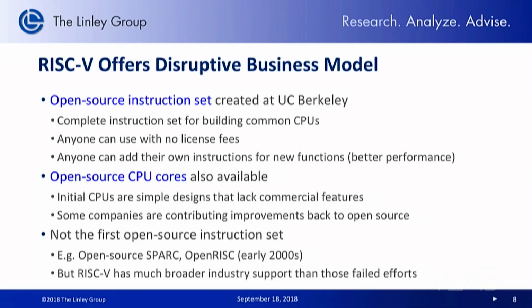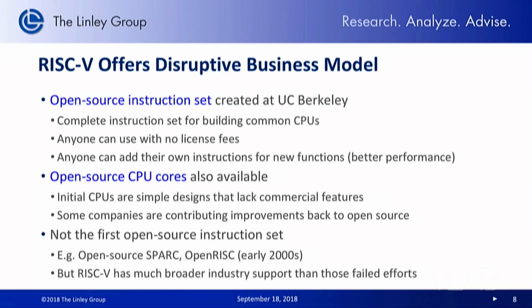So RISC-V is now coming to the party. It's a pretty new instruction set, and it really brings a different and disruptive business model. It is a complete instruction set for building CPUs that anyone can use without a license and without paying license fees, and anyone can modify it, add their own instructions, and create something customized for their own application.